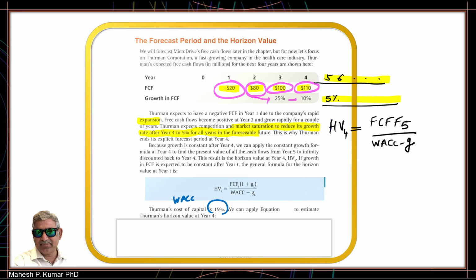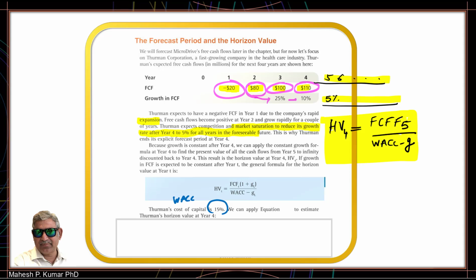So in this case, we will be calculating the horizon value of the firm in year 4, and we have cash flows for year 5, and we will be using the growth model, which involves cash flow being divided by WACC minus G. So in the denominator, we will have WACC minus G, and this is the situation.